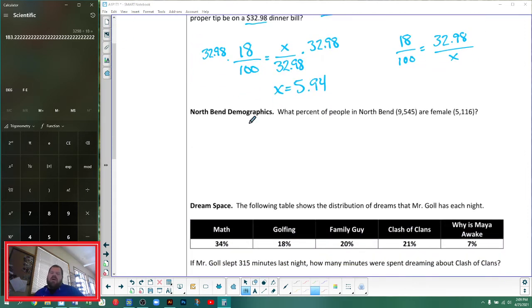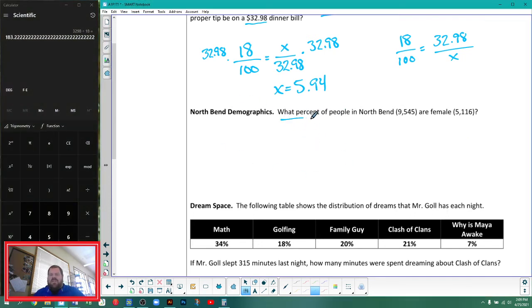All right, some North Bend demographics. These numbers might be a little bit dated, but that's okay. What percent of people in North Bend are female? R is another tense for the word is. So this is my is number, this is my of number, and I'm looking for the percent.